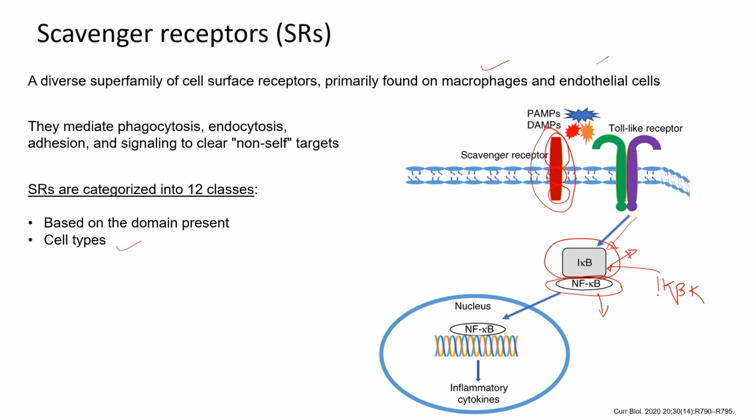These are kinases which can phosphorylate inhibitor of kappa B. Once this protein attaches to the inhibitor, it does the phosphorylation, and the inhibitor comes off, making NF-kappa B free to move to the nucleus of the cell. NF-kappa B is a transcription factor, and it starts transcription of different cytokines involved in different inflammatory processes.